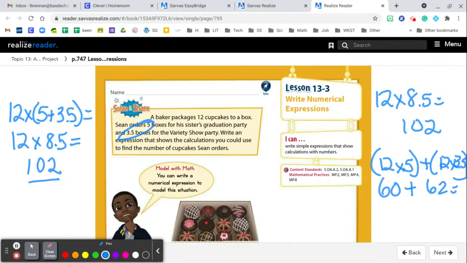That's 42. Sorry about that. A couple different ways you can solve them. So we're using parentheses here. I didn't really use order of operations, but I use parentheses.